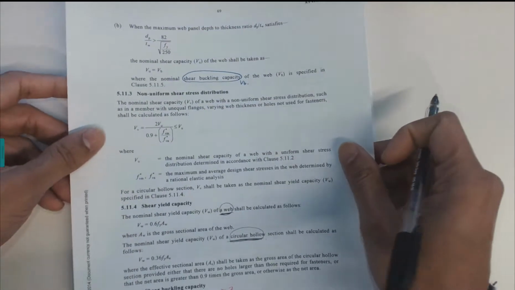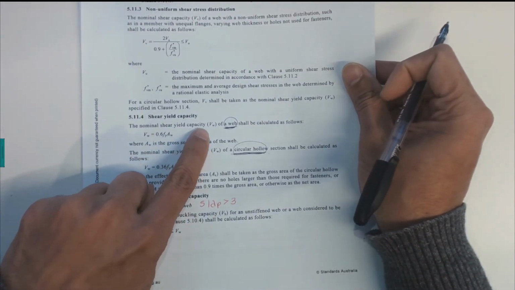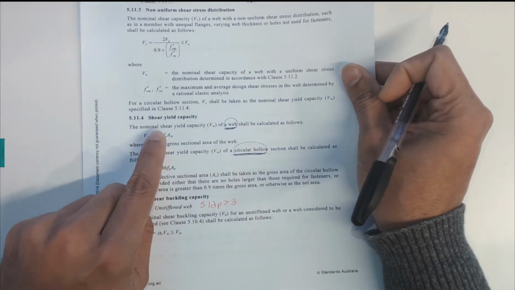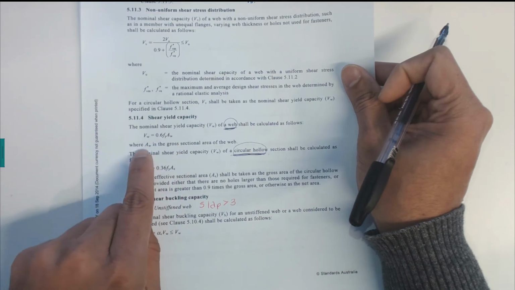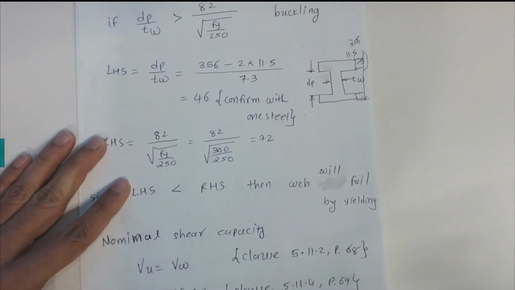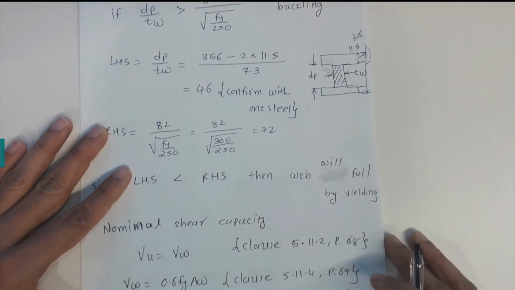Here we have the nominal shear yield capacity of a web, Vw is 0.6 times fy times Aw, and Aw is the gross cross section area of the web. So Aw is just this area of the web.